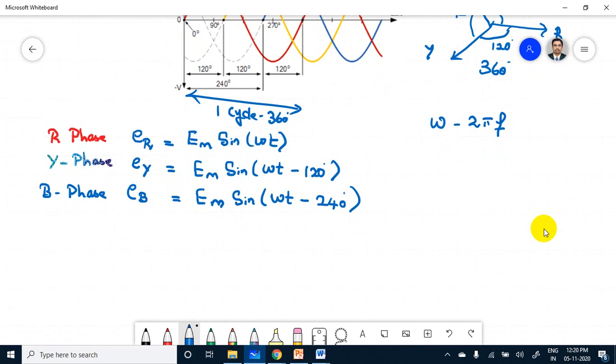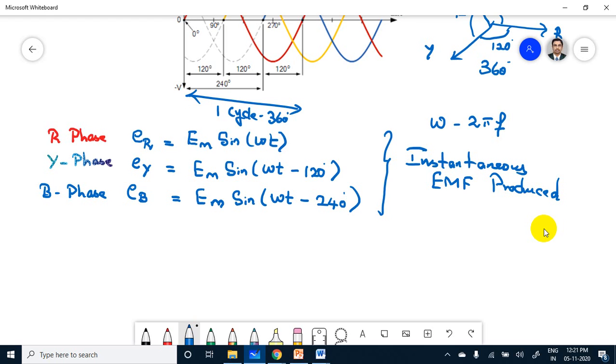So this is my instantaneous EMF produced.